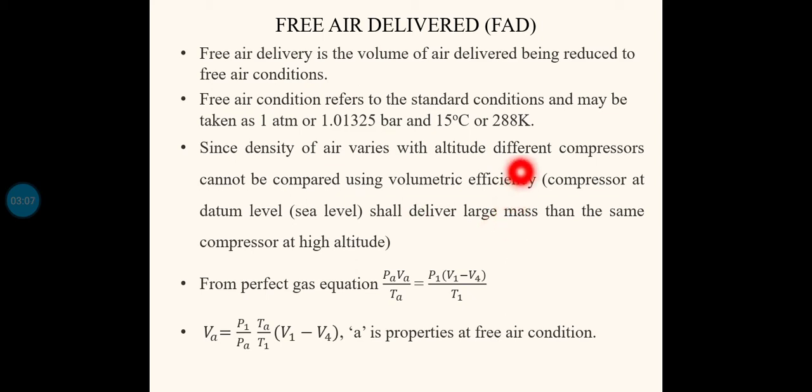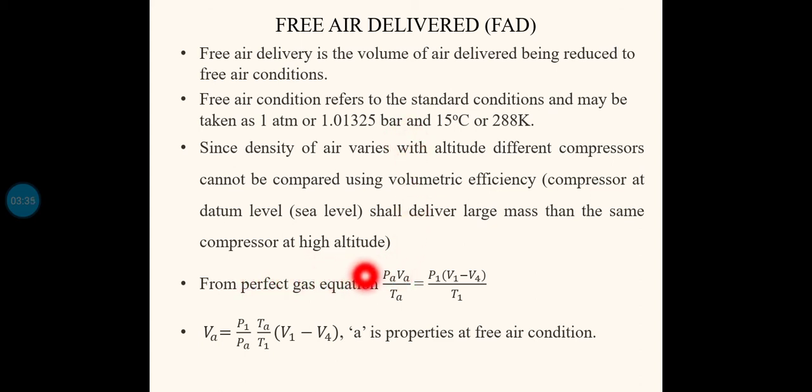At higher altitude the density will be less, so less air is entering the cylinder. So we cannot compare the performance of one compressor at higher altitude with the performance analysis of another compressor at low altitude. That's why we go for the free air delivery condition.